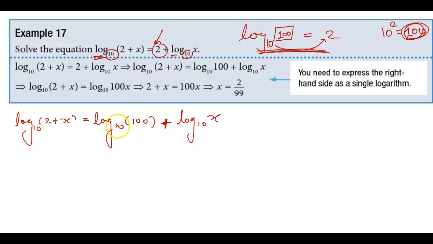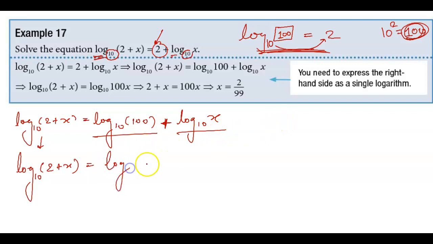Are you getting this children? Okay, now what shall we do? See children, over here we have log, keep it as it is. Log of 2 plus x to the base 10 equals log a plus log b, which can be written as log a into b, to the base 10.